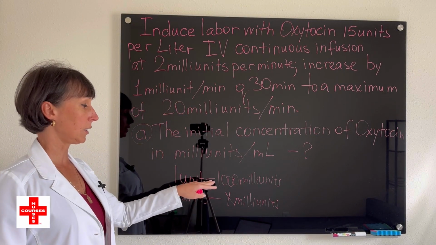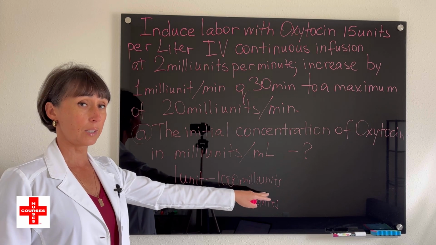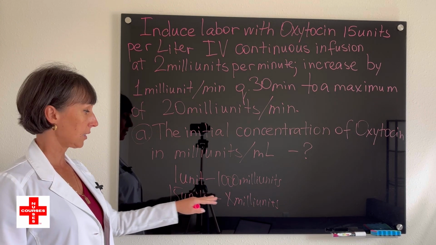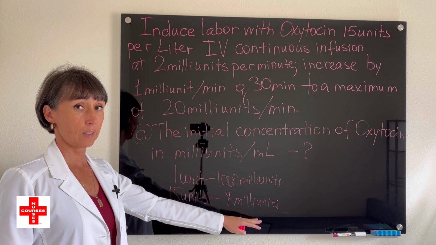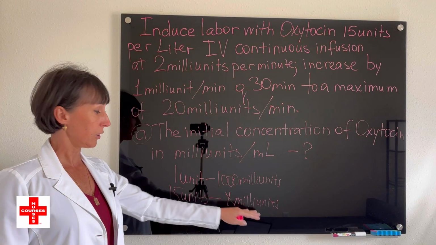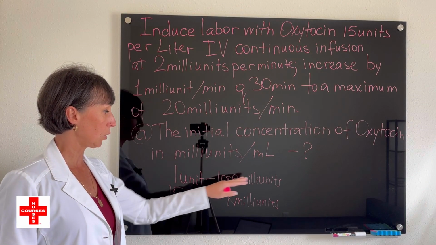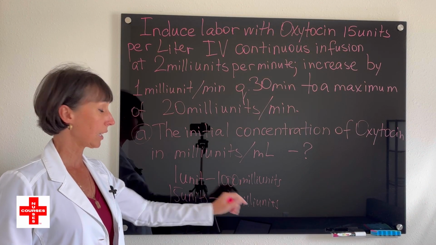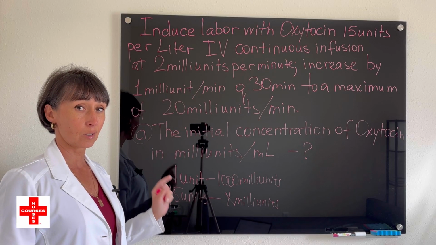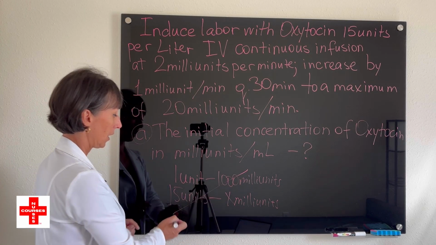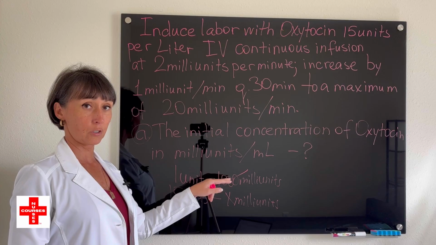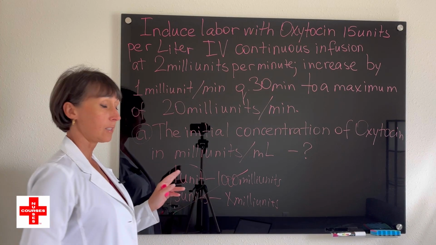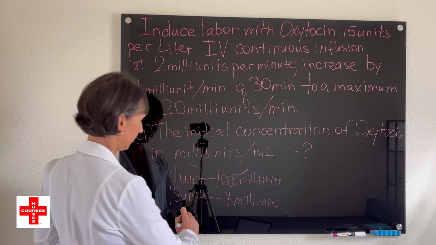So 1 unit is 1,000 milliunits, 15 units is X milliunits. And when we use the DKP method, we carefully check, do I have units under units, milliunits under milliunits? Next, I find a diagonal that's not an X, and I multiply these two numbers, and I divide by the third number.